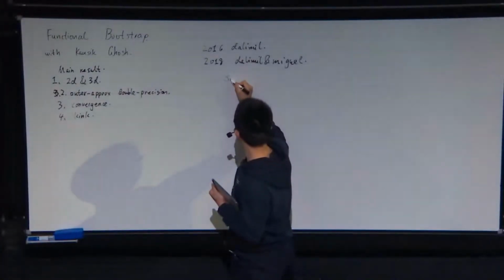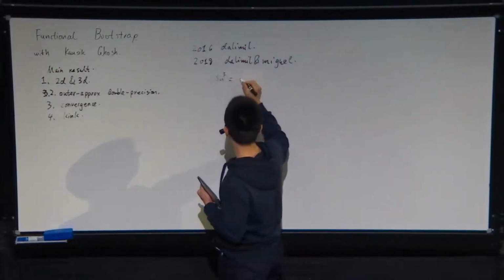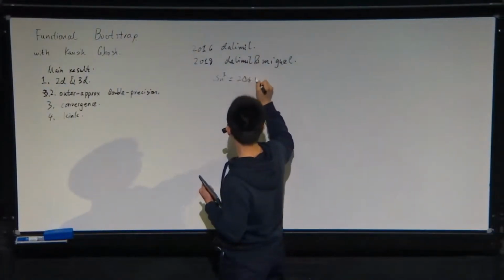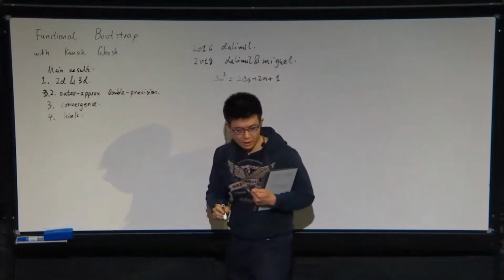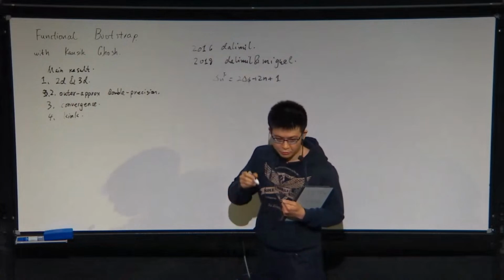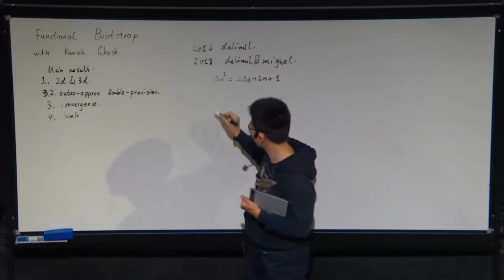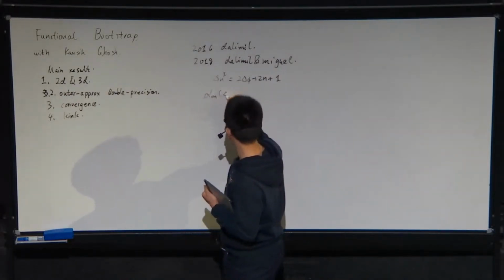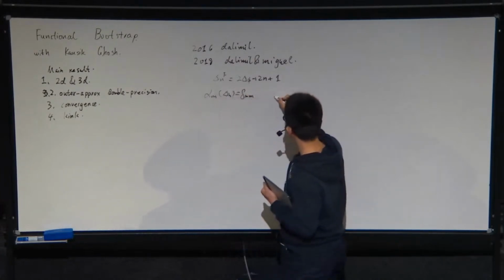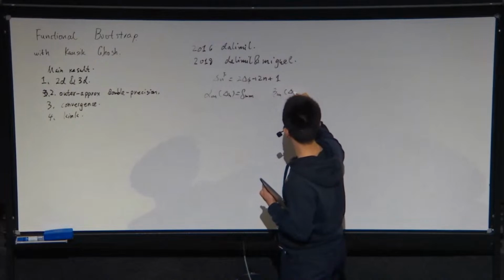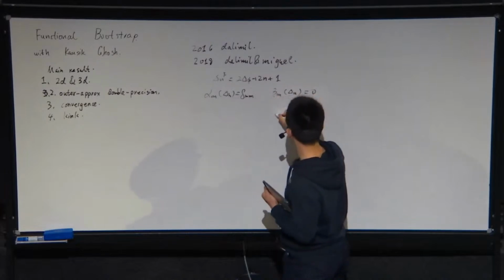So Delta_n^F equals 2 Delta_phi plus 2n plus 1. For the fermionic basis, it is due to the generalized free fermion in the sense that alpha_m(Delta_n) equals delta_nm, and beta_m(Delta_n) equals 0.